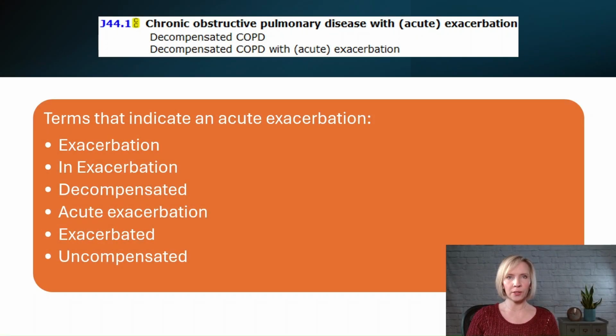ICD-10 has codes to differentiate between uncomplicated cases of COPD and those in acute exacerbation. An acute exacerbation is a worsening or decompensation of a chronic condition. Examples of terms that indicate an acute exacerbation are exacerbation, in exacerbation, decompensated, acute exacerbation, exacerbated, and uncompensated.